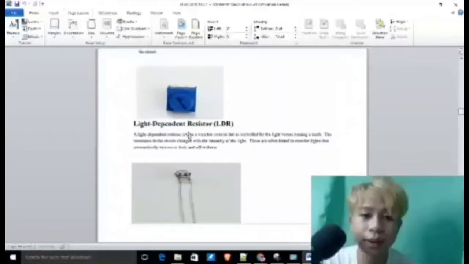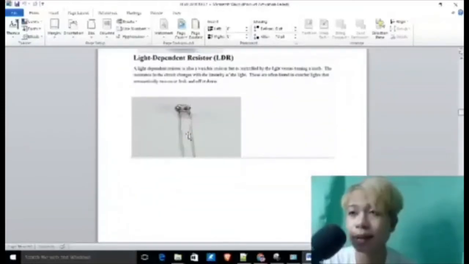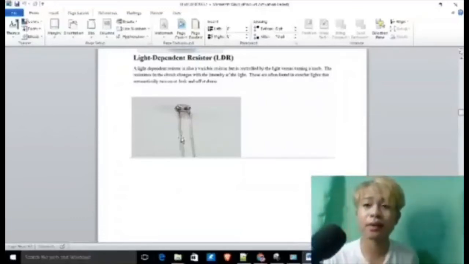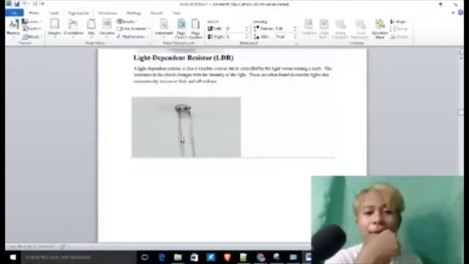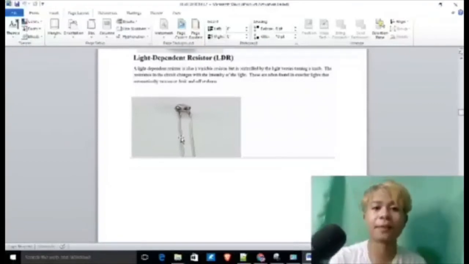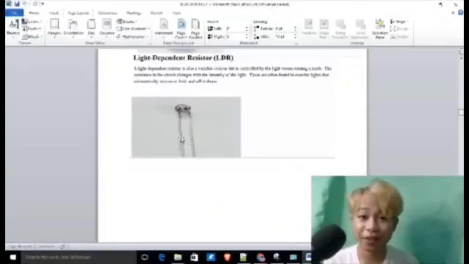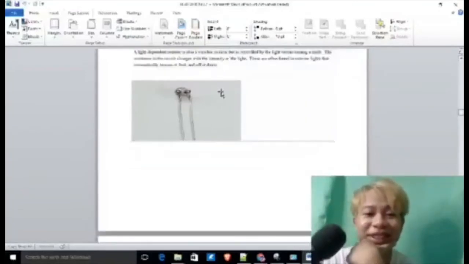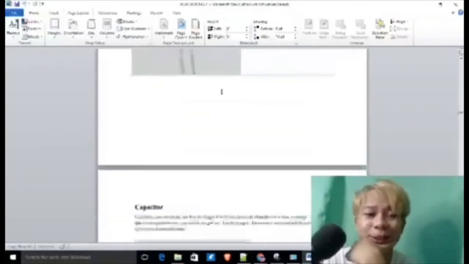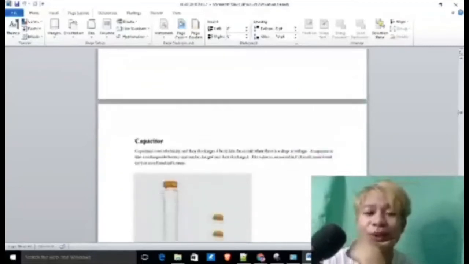But I think all of the electrical or electronic devices we have here have those materials. So if I have time, I'm going to search for those materials, but only in already damaged tools.